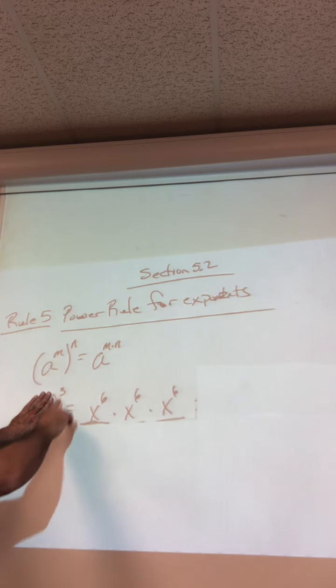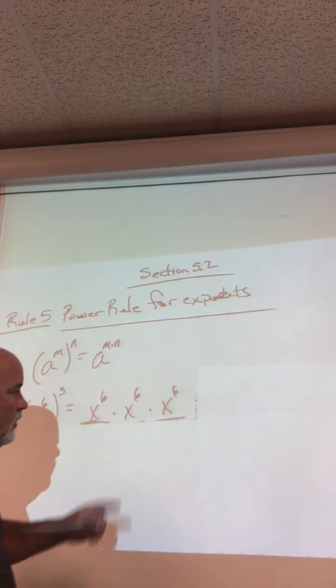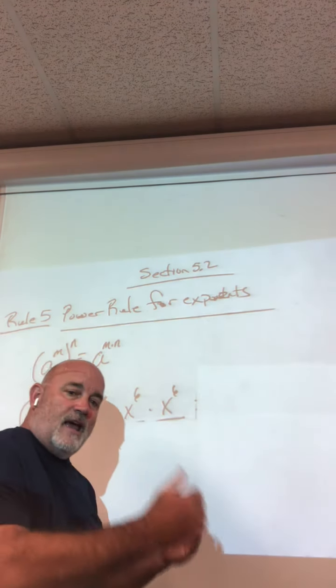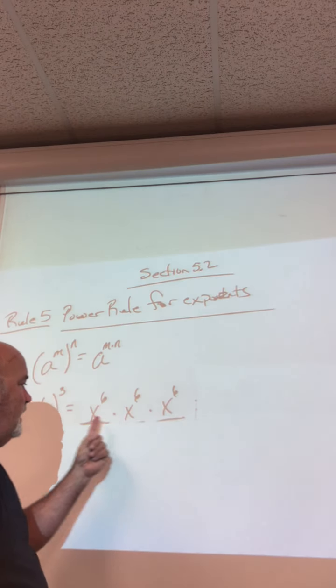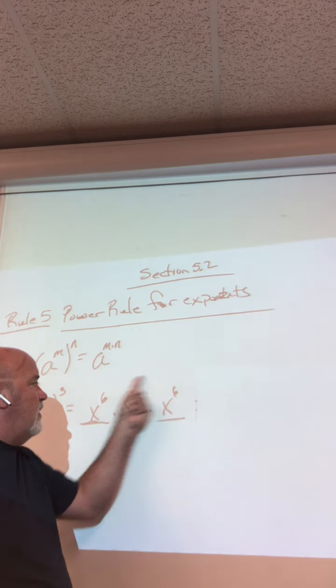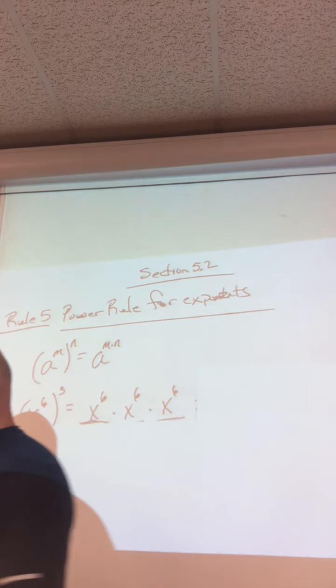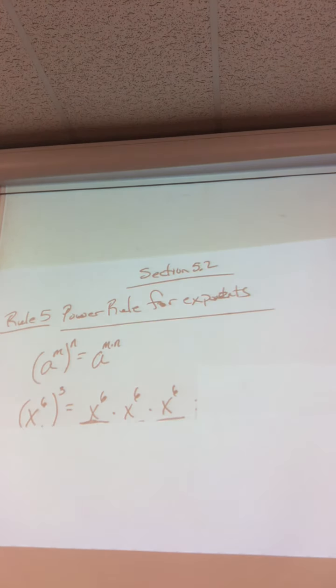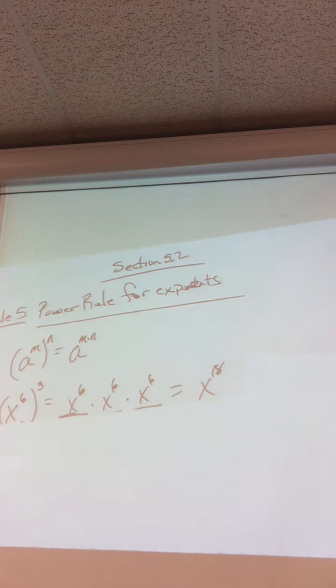Now, what does the product rule say in the last section? If we're multiplying and the bases are the same, keep the base, and what do we do to these exponents? You add them, which is 18. Now, what would be the quickest way to go from here to there? Just simply multiply those exponents together. So that's why the rule says what it does.